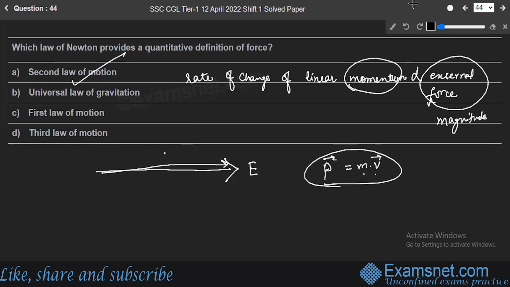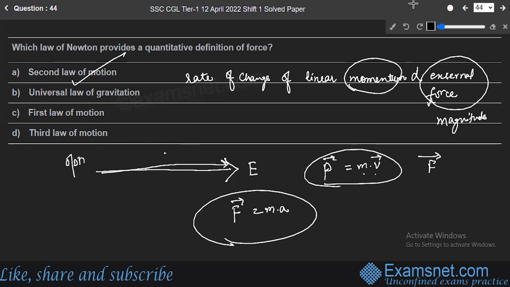And if a force F is applied on that body, then force is given by mass into acceleration. So from the above concept, it's clear that Newton's second law of motion provides a definition of force. Option A is the answer to the question.